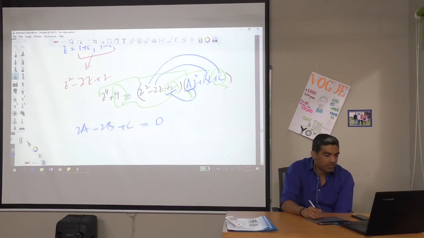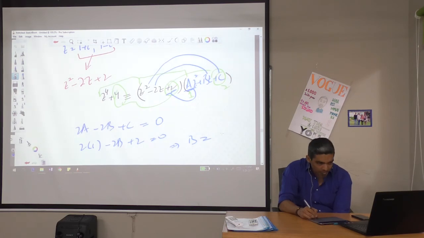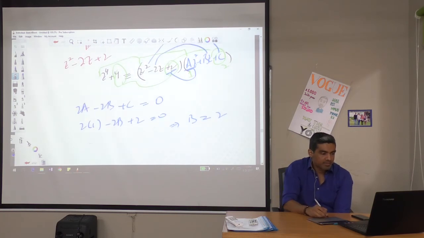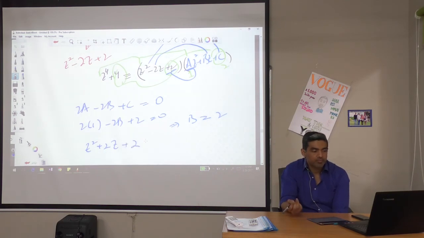Now, we already know the values of a and c. a is 1 and c is 2. So your b value is 2. Which means the other quadratic factor is z^2 + 2z + 2.